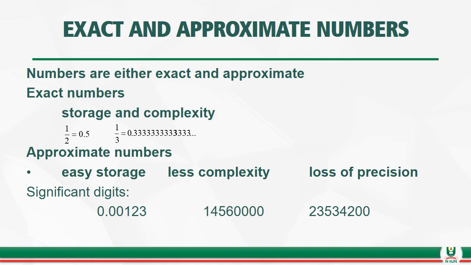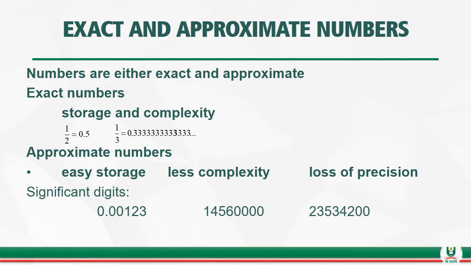Then we can look at how we approximate numbers. We can approximate numbers by first learning about significant digits. How do we know about significant digits? Here we have some examples. In the first number here, I have 0.00123.